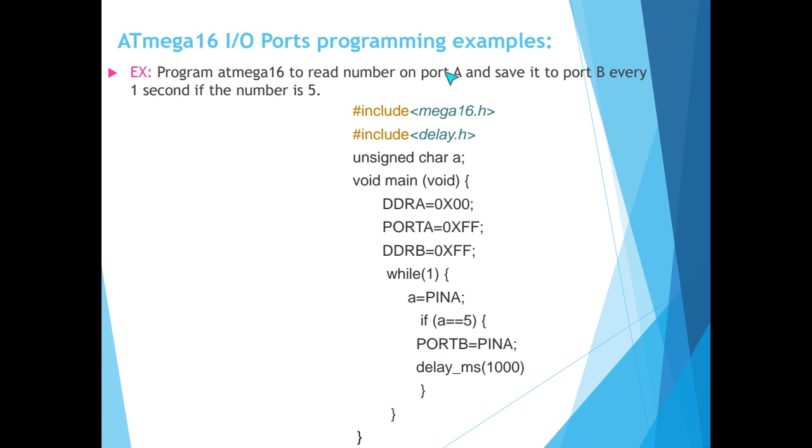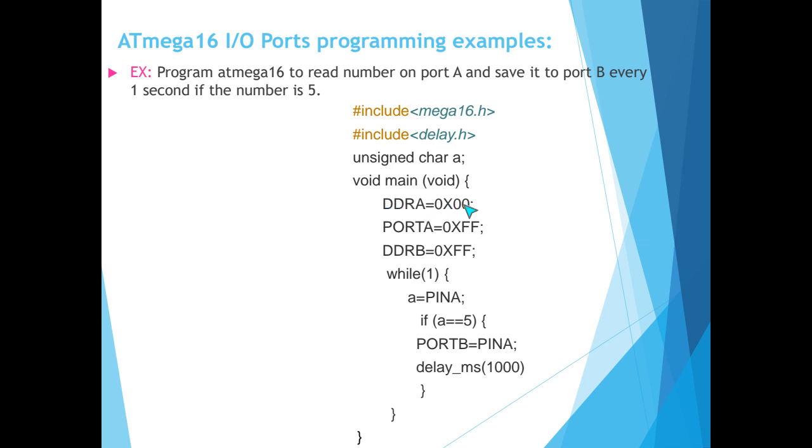We said that we need to read the number of port A. Then port A should be configured as input. I configured it by using the DDR register and by putting 0 for all of the bits. So port A is configured as input.